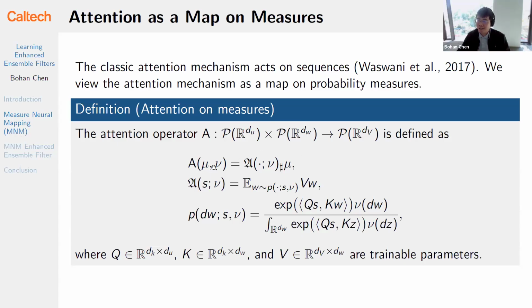The definition is that A of mu and nu equals a push forward map, which depends on the second input nu, pushing forward the first input mu. The push forward map is defined as this expectation, and this expectation is an exponentially tilted distribution of the second input nu.